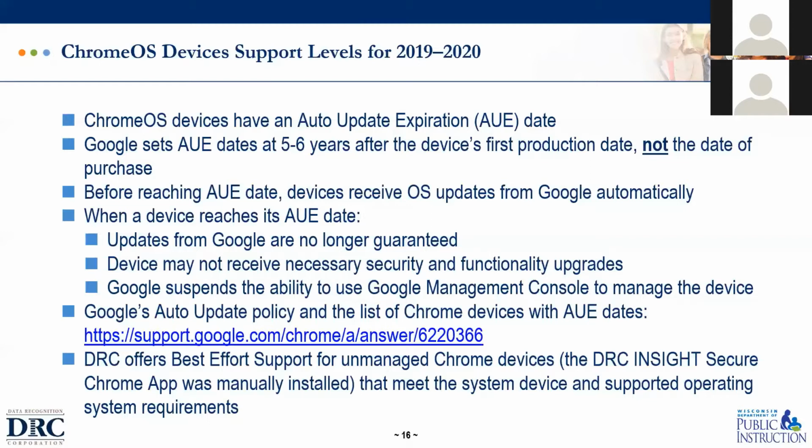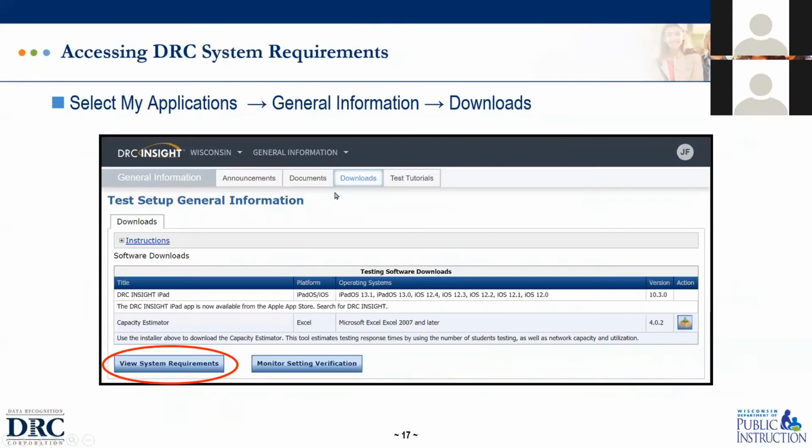You're going to be updating these devices manually. So therefore, there is some variability in there. There may be some things that we may not be able to support, but we will help you as best we can through the testing year if you have a device that is running 74 or higher but has reached the auto update expiration date.